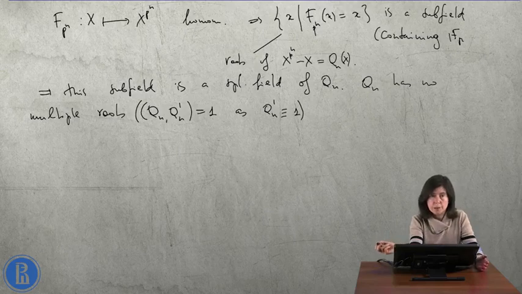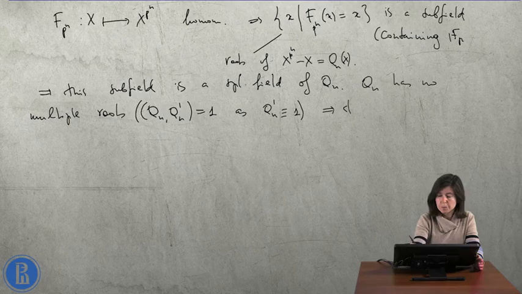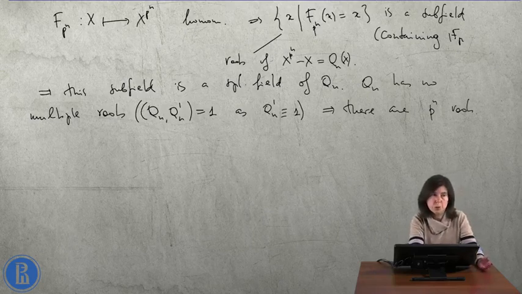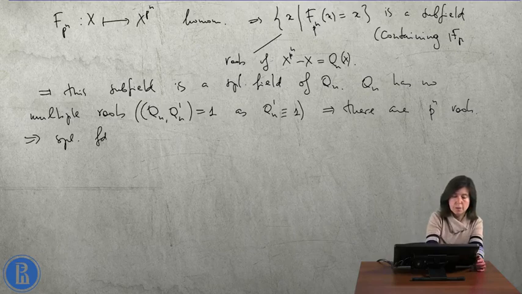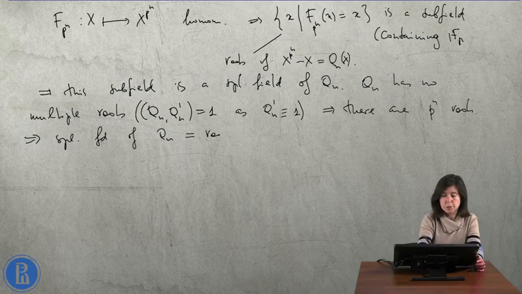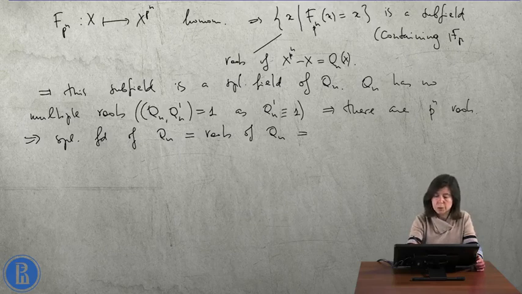So there are exactly p^n roots. So we have this subfield of p^n elements, and this is a splitting field of q_n. The splitting field of q_n is exactly the field of roots of q_n, and this is a field of p^n elements.